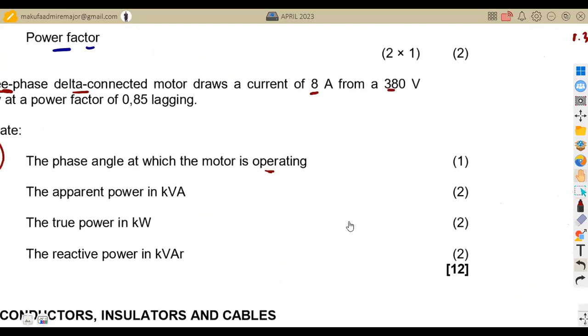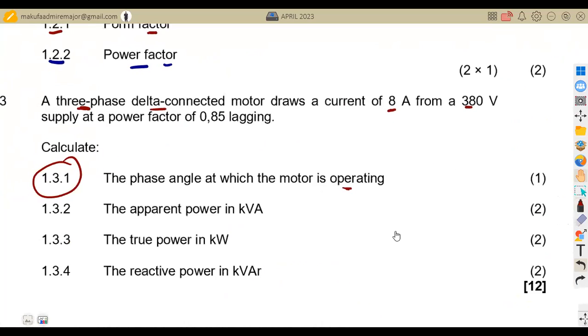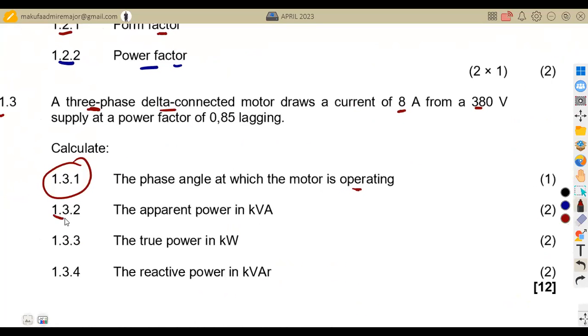Then we are asked to calculate the apparent power in kilovolt amperes. Remember, I said the apparent power is measured in kilovolt amperes. We take note that we are working with a three-phase system, and everything we work with is going to be multiplied by the square root of 3.